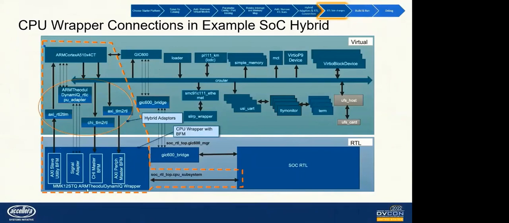We have connected the ARM DynamIQ wrapper here, which has an AXI peripheral master, CHI master port, signal adapters, and the AXI slave utility BFM within the CPU wrapper. Now this is the GIC 600 bridge, which is the GIC 600 wrapper that we have replaced the existing interrupt controller IP with. Similar thing applies for the smart memory integration.